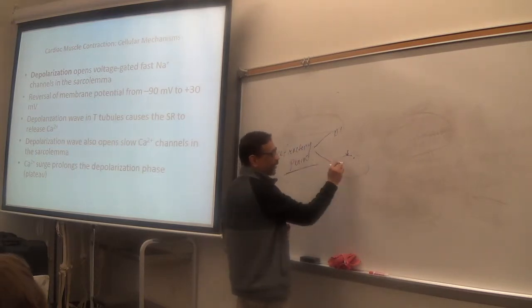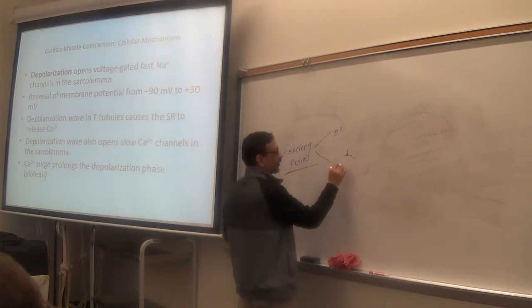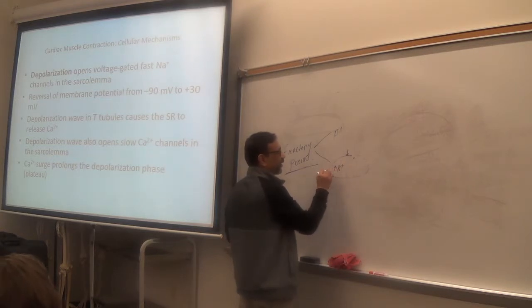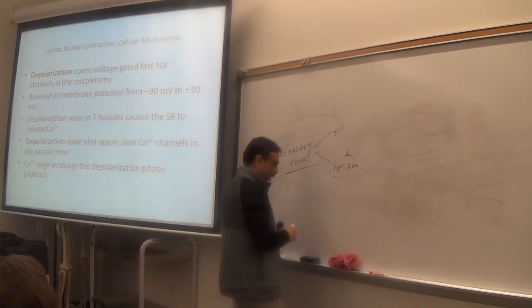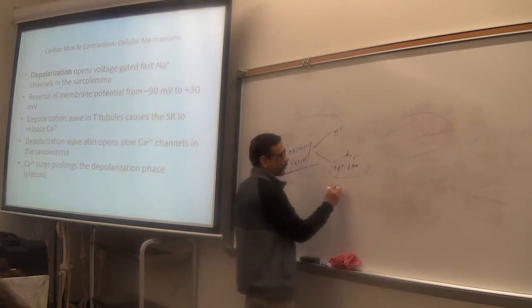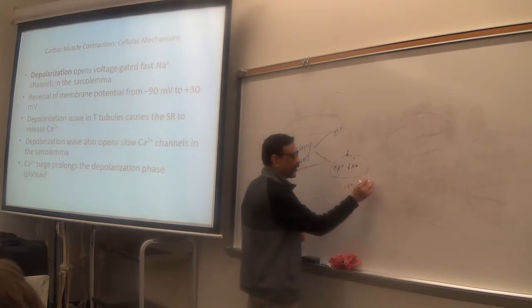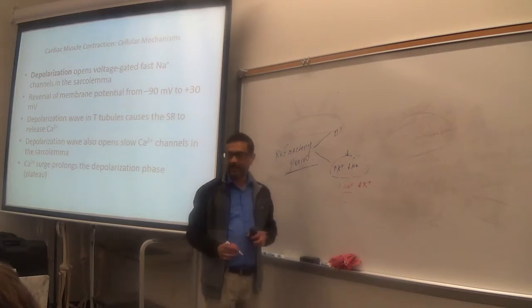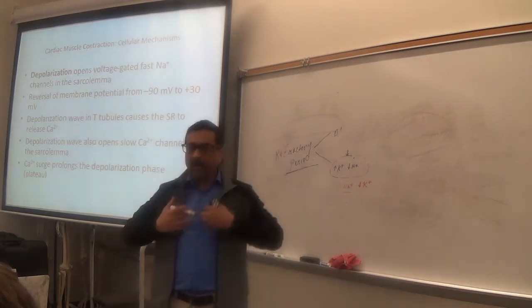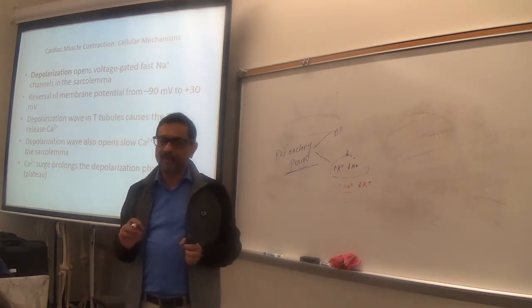Remember, inside the cell of the body, your potassium concentration is always high and sodium concentration is low. On the outside of the cell or fiber, sodium concentration is always high and potassium concentration is always low. That is the normal resting condition in all the cells of your body, okay, including your heart muscle cells.